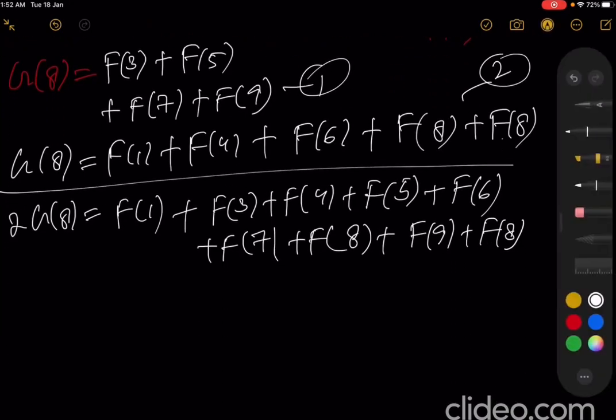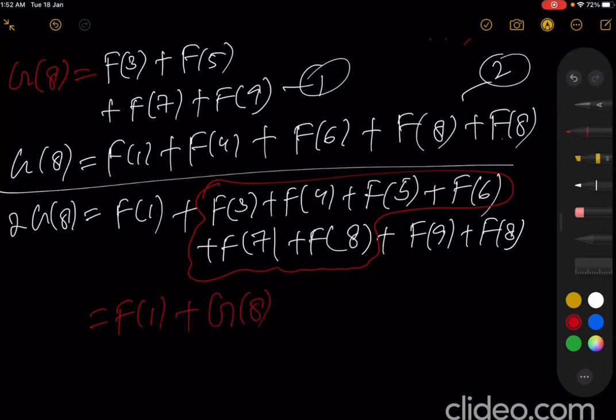Okay, now one thing you can notice is that you can write this thing, f of 3 till this point, like this: f of 1 plus g of 8 minus f of 1 minus f of 2 plus f of 9 plus f of 8. Because g of 8 was the sum over all the f from 1 to 8. Since 1 and 2 were missing here, you can write g of 8 and just subtract f of 1 and f of 2 from it.